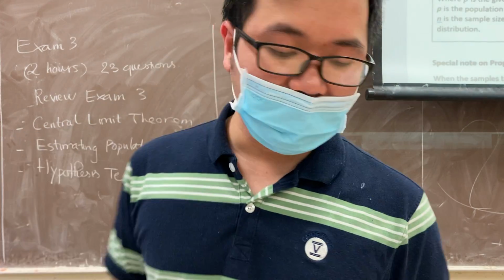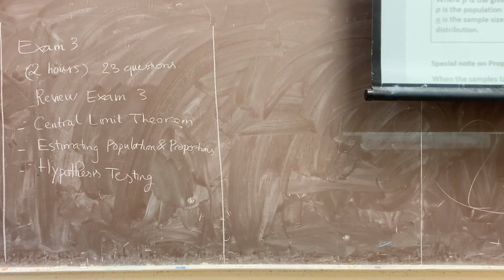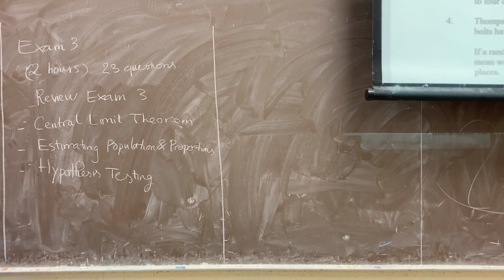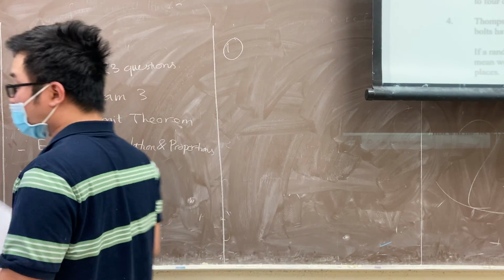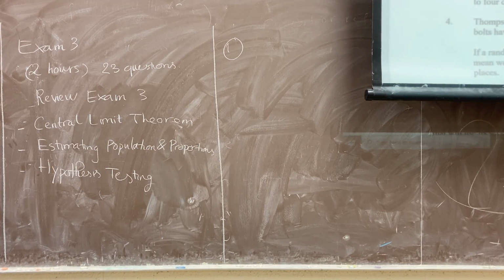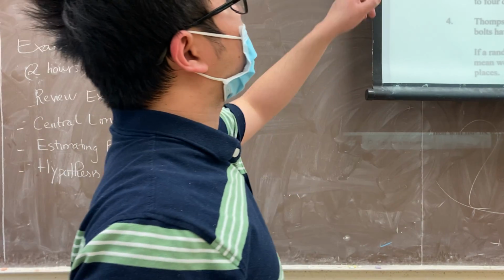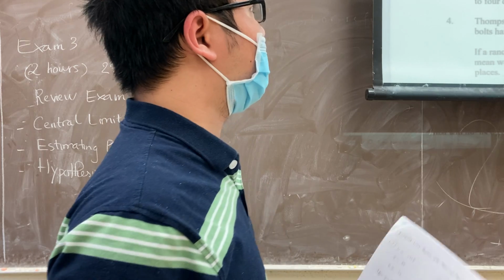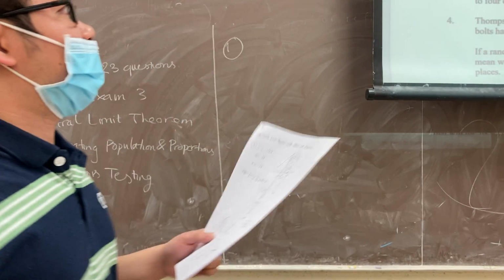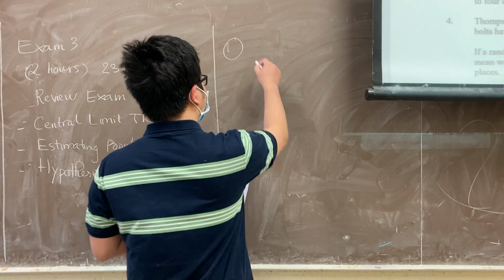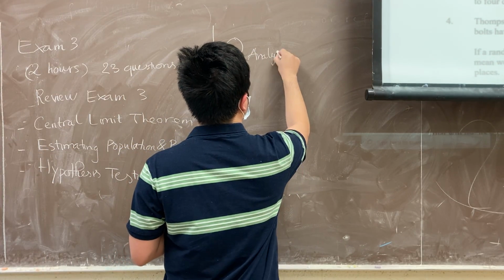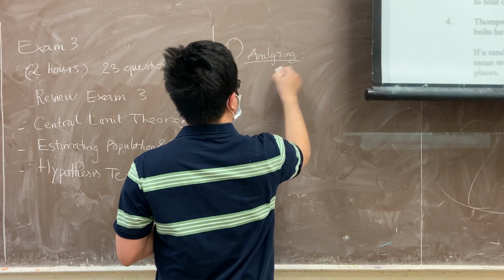Now we move on to the first example, question 1 in the sample exam. In this case, they give you the mean. Suppose the person in the last table has a mean weight of 1128. So the first thing we need to do is analyze the question.